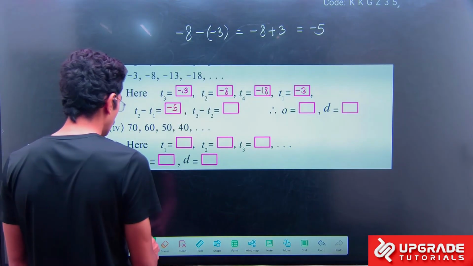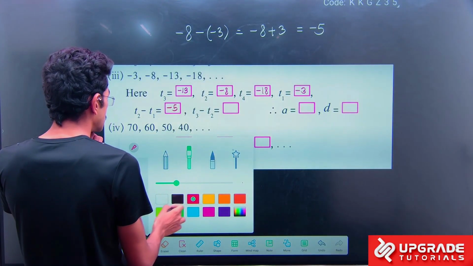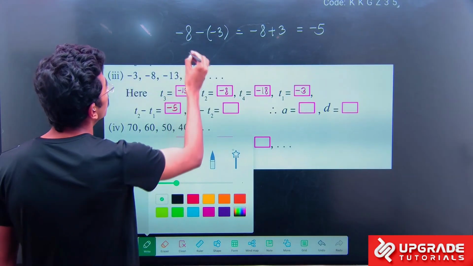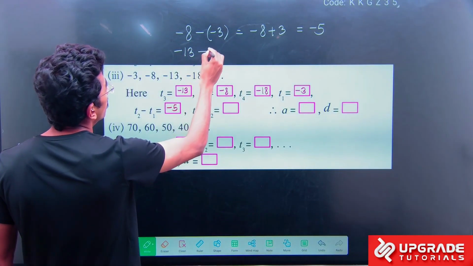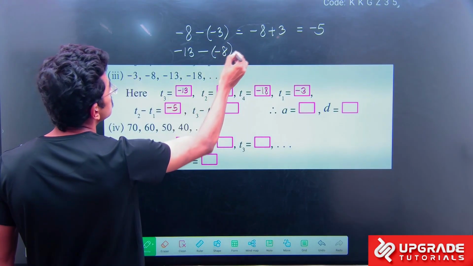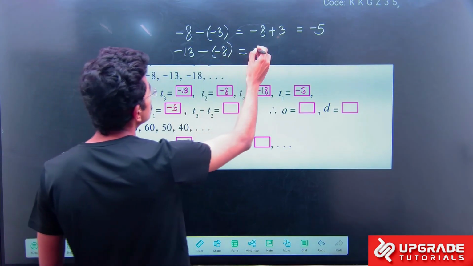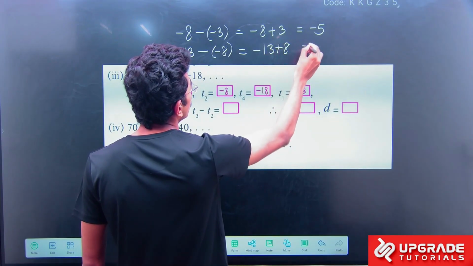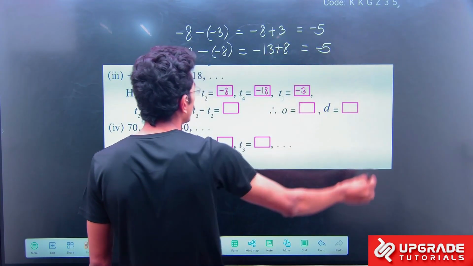Okay. Again, let's check the value for T3 minus T2. What is T3? Minus 13. Minus of T2 is minus minus 8, which becomes plus. Minus 13 plus 8, which is nothing but minus 5.